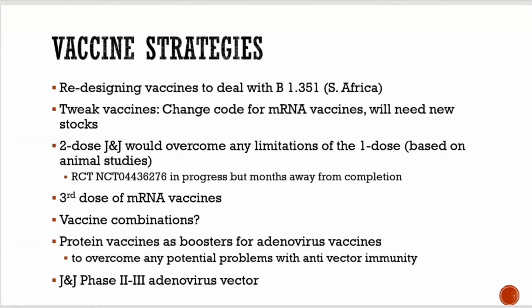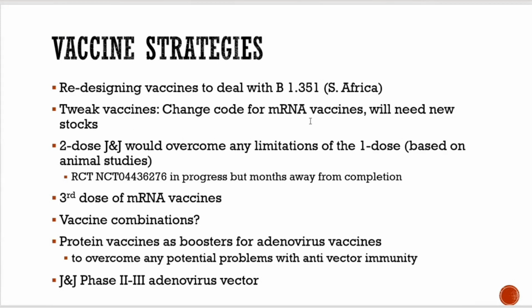All right, so what are some of the vaccine strategies to account for all of this, to battle some of these new variants? There are already ongoing trials, and companies are redesigning vaccines to deal with some of these new variants, right? So what do you do? What are some of the strategies?